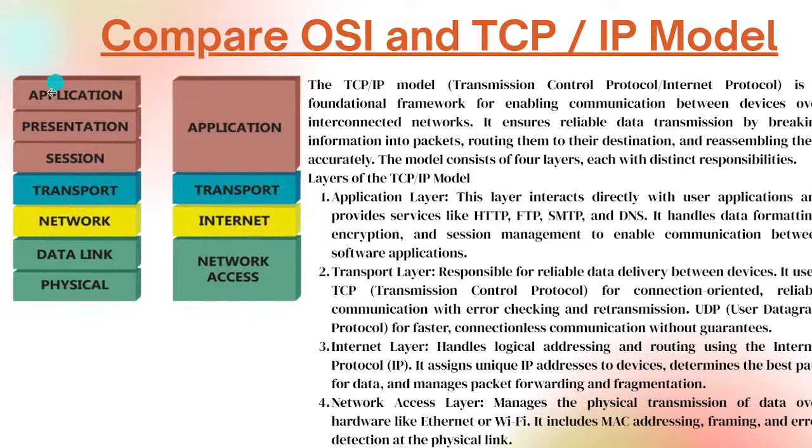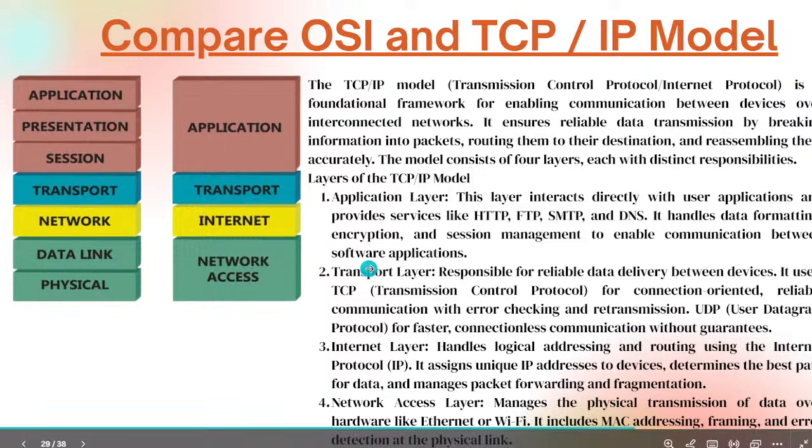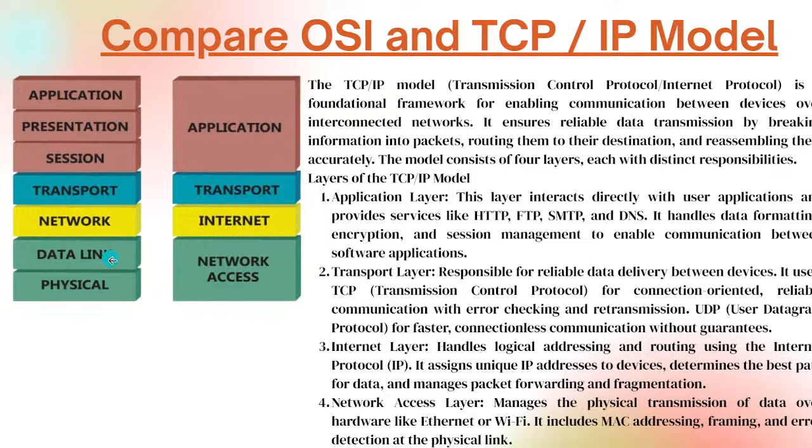And we consider that the OSI model is a conceptual model, and this one is a practical model. This is considered a practical model, and this is a theoretical or conceptual model. Okay, whatever we learned in this portion, we have extracted here also. So please go through this presentation. If you have any doubt in this portion, you should ask. Okay, whatever we have learned in this area, that only we have added here.